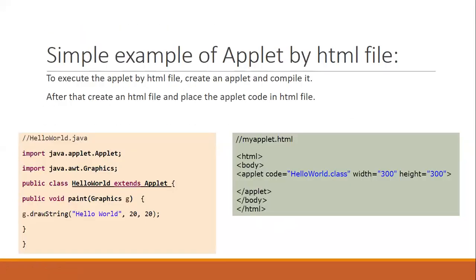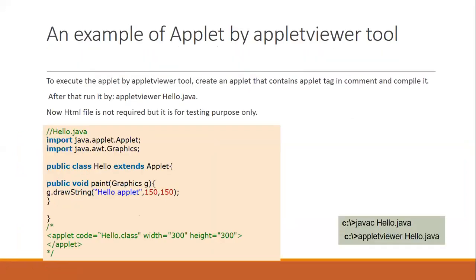The second way to execute the applet is with the help of the appletviewer tool. To execute the applet by the appletviewer tool, we need to create an applet that contains the applet tag in a comment, and then compile it. Check it out. This is our file hello.java. The same file, public class hello extends Applet and the paint method, and I have written here hello applet.